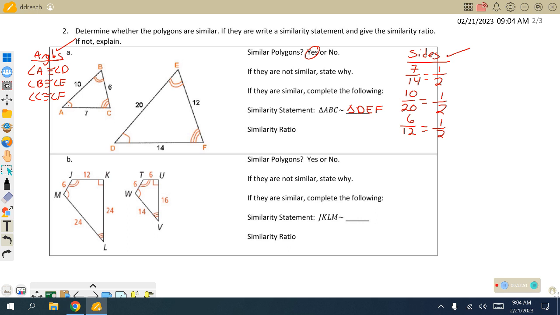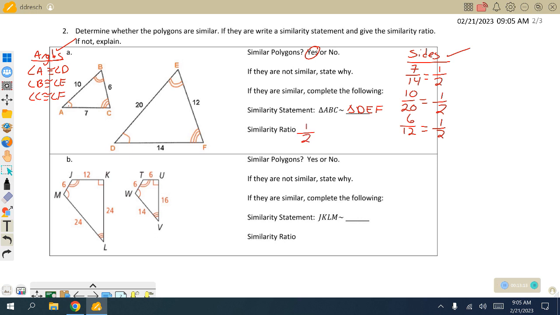And the similarity ratio, well, what's the similarity ratio, everybody? 1 to 2. Right. The ratio is typically the order of the statement. So the statement was ABC to DEF, and that's usually the ratio as well. So what is it? 1/2.